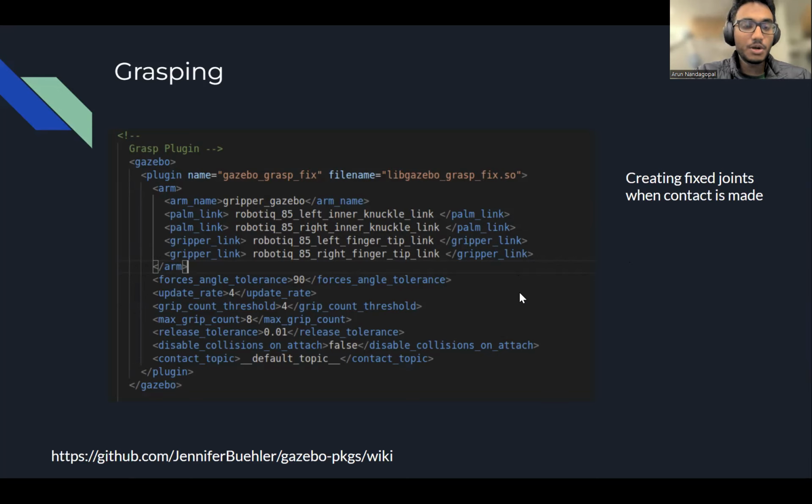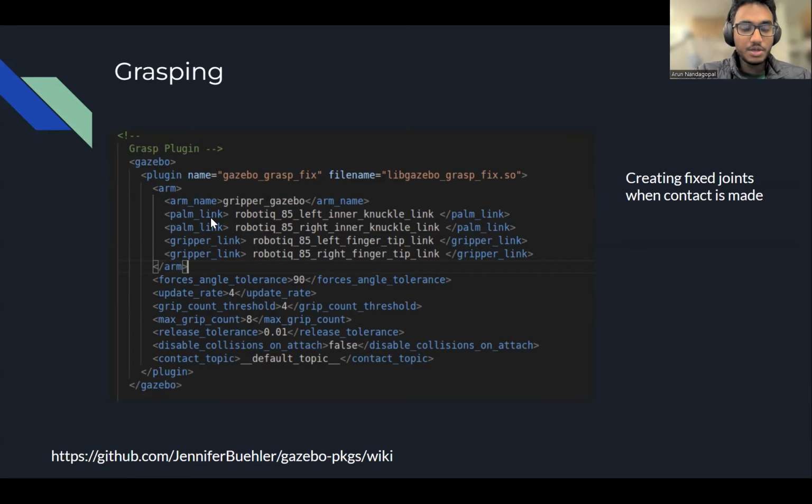So effectively what it does is that it makes the chess piece a part of the robot and it fixes it to the gripper. In this way, it will never fall down when it is in the grasp. So that's one of the major advantages of using this to simulate pick and place.